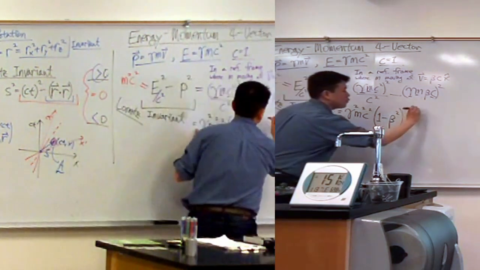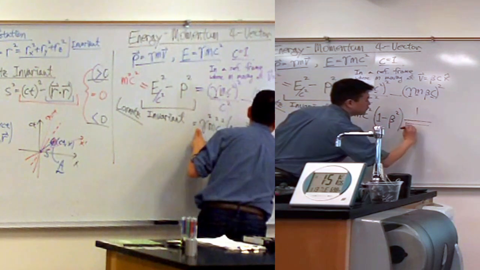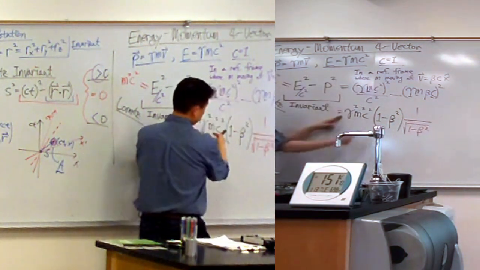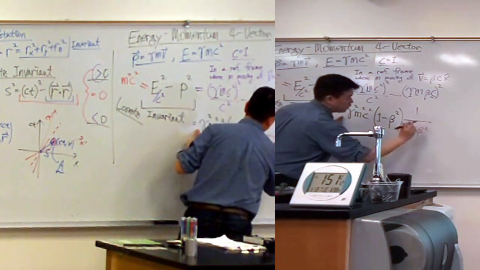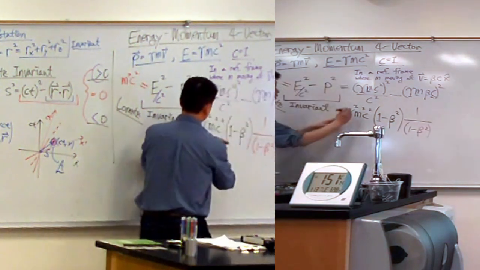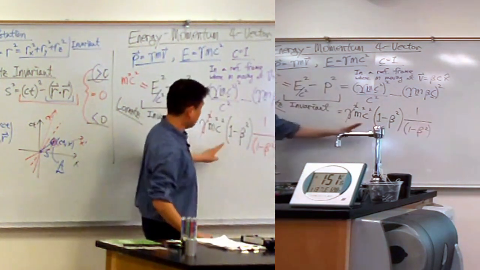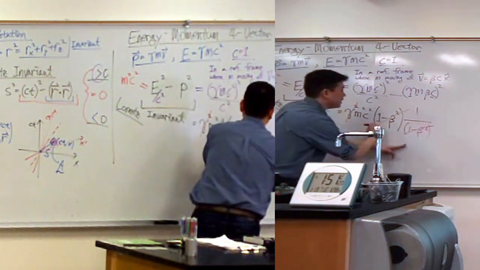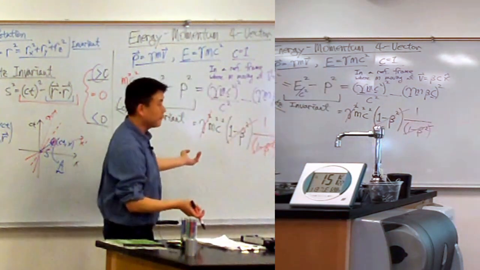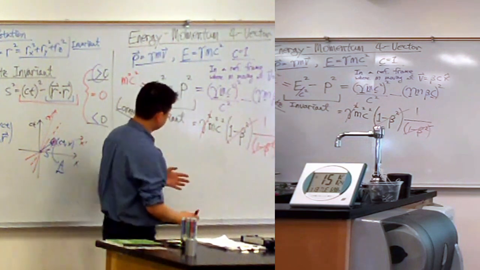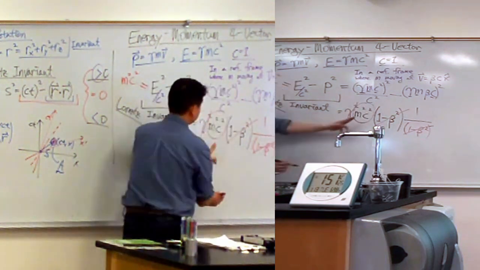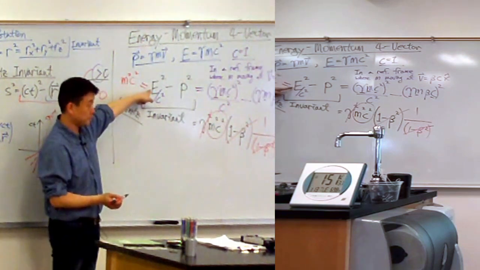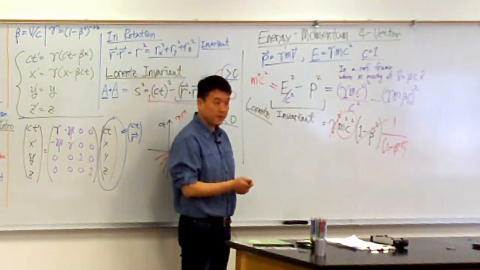Gamma is 1 over square root of 1 minus beta squared. But I'm squaring it, so it just becomes 1 over 1 minus beta squared. So that's gamma squared. Well, these two are the same thing, so they cancel each other out, unless beta is equal to 1. Then you end up with m squared c squared, which is what I was claiming that this is always equal to. So this is another Lorentz invariant.